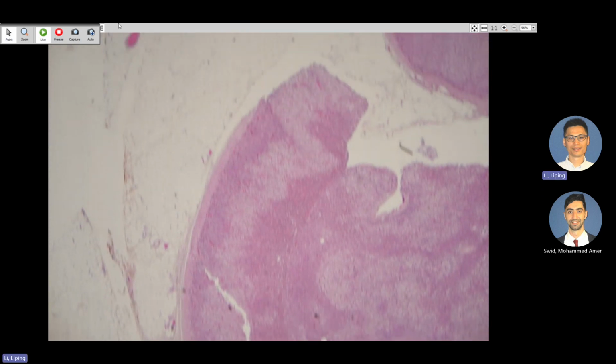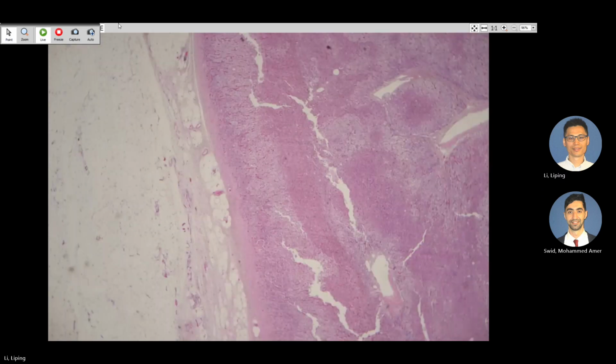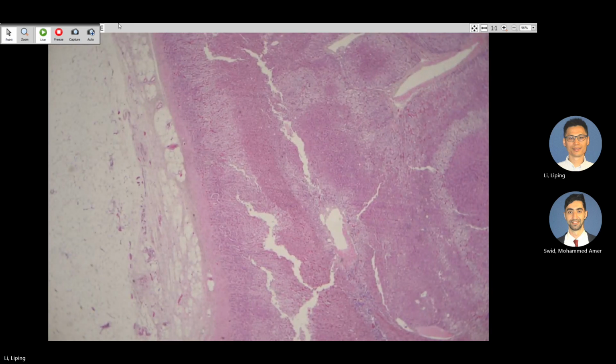First, for this low power, maybe here we can see kind of three layers: glomerulosa, fasciculata, and reticularis.